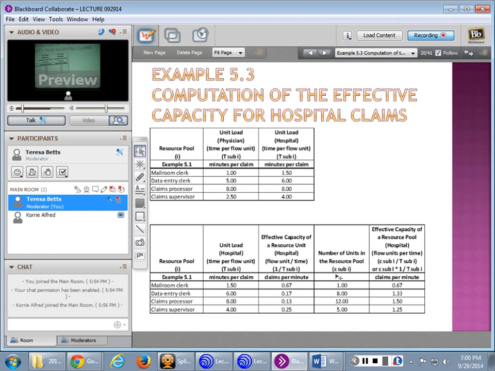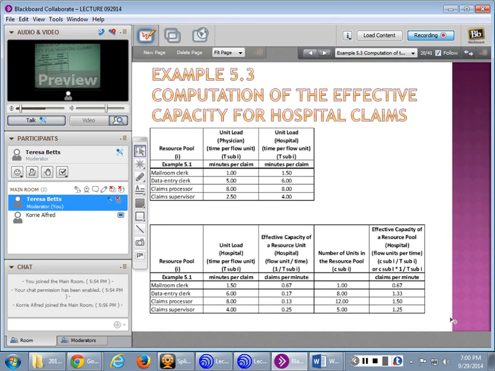Think about it like this. We know that one data entry clerk can do 0.17 claims per minute, and I have 8 data entry clerks. That's what this column is: the number of units in that resource pool, telling me that I have 8 data entry clerks.